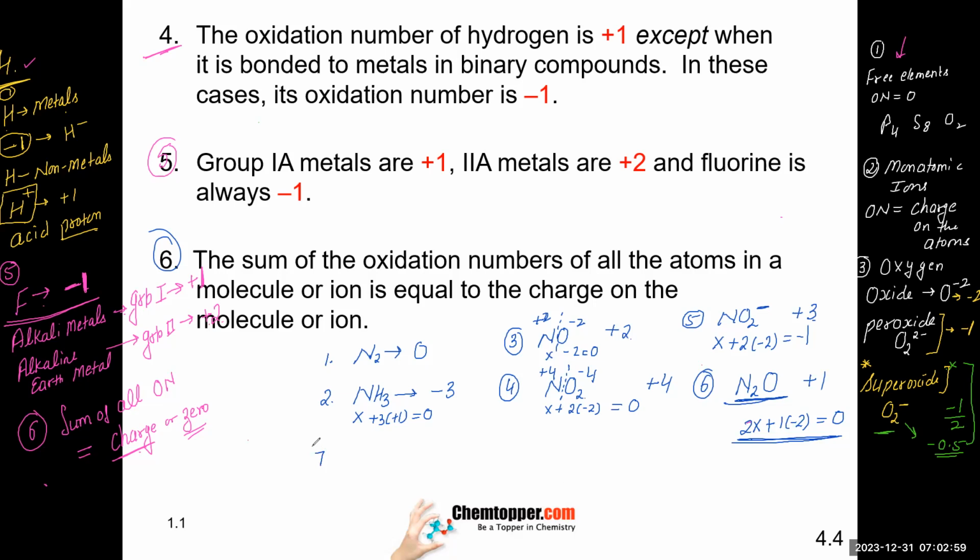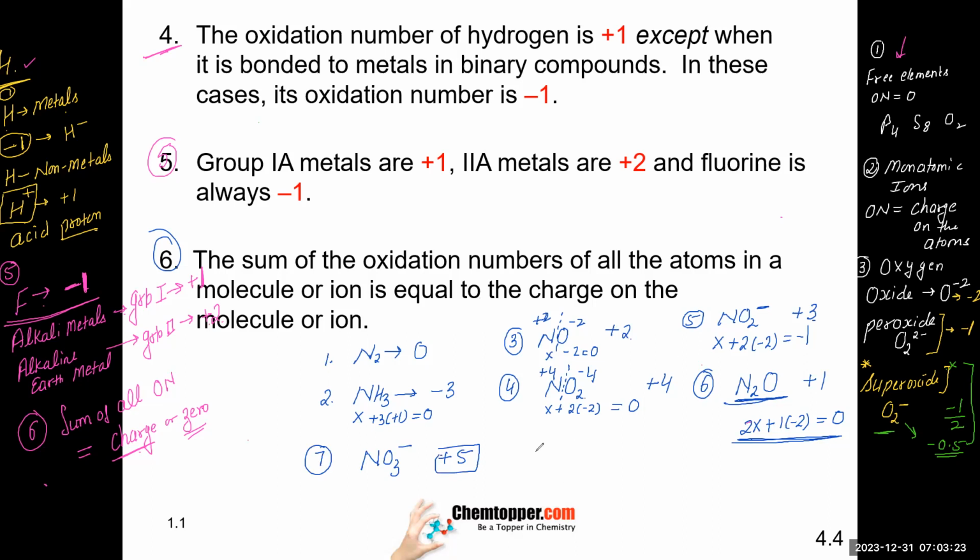Okay. One more. NO3 minus, though we have done it already. NO3 minus. Is plus 5. Now, see these examples 1 to 5.